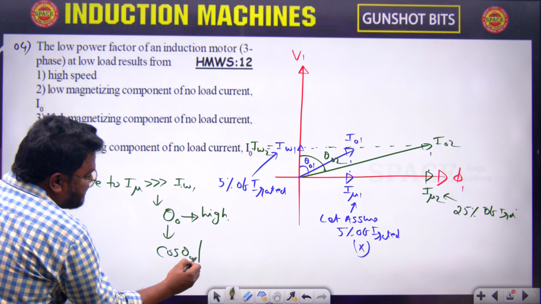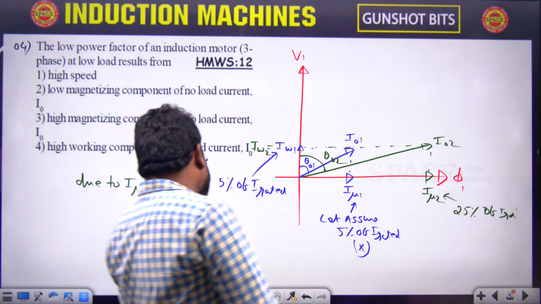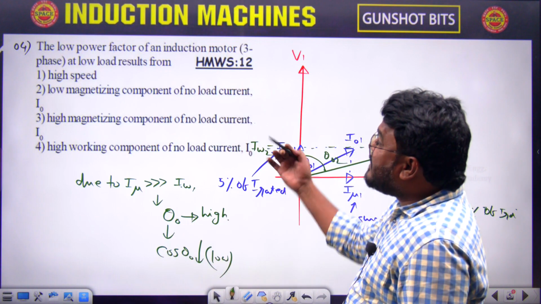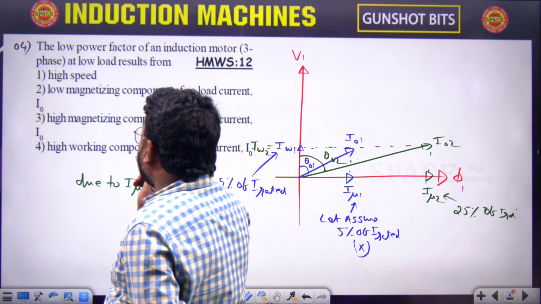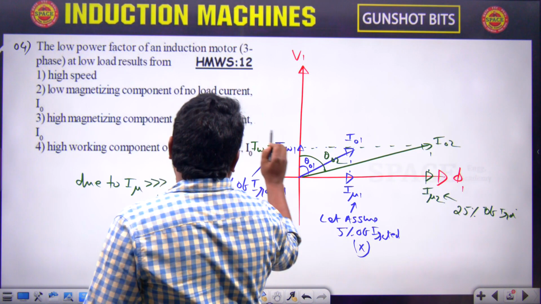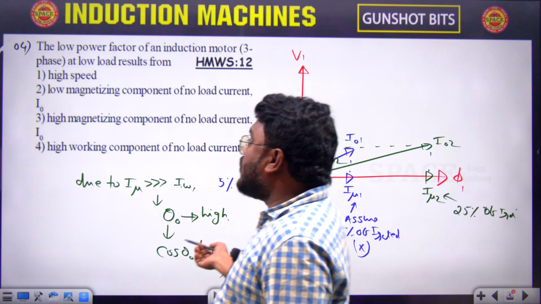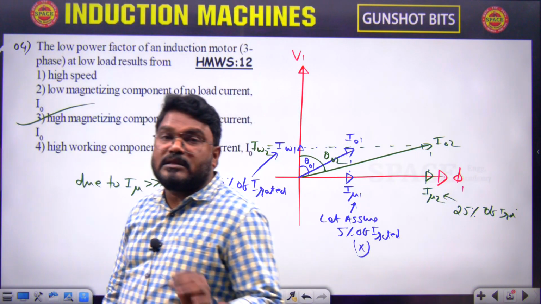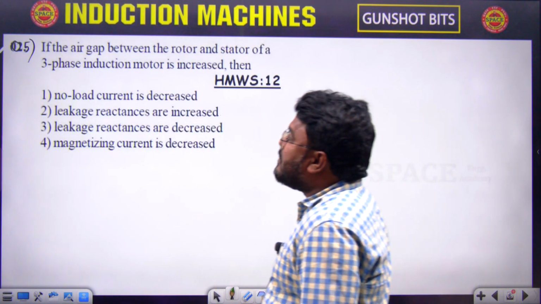The cos theta is low, so this is a very low value. The question is given in the reverse manner: the low power factor of an induction motor at low loads results from the high magnetizing component of the no load current. So option 3 is correct for this question. And next let us solve question number 5.